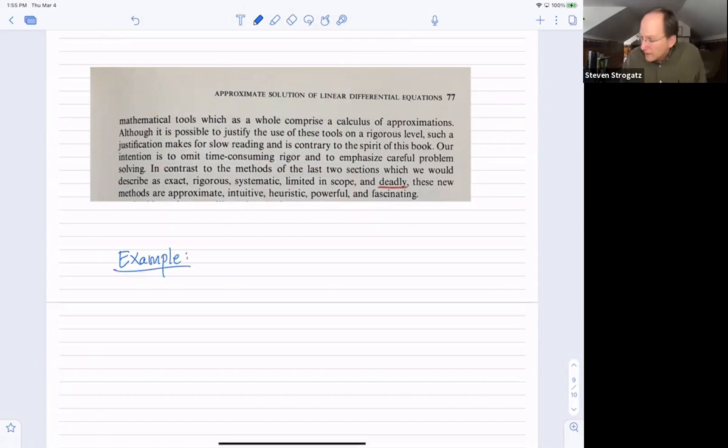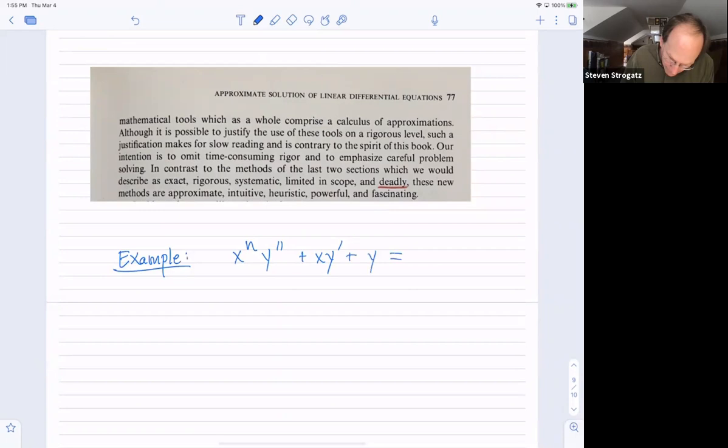So let's see. Suppose I had this equation, something of the form x to the n, y double prime, plus xy prime plus y equals 0, where here I'm thinking of this number n as something greater than or equal to 0, and it's an integer.